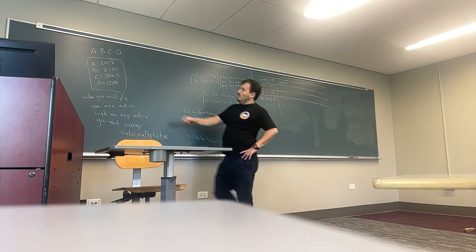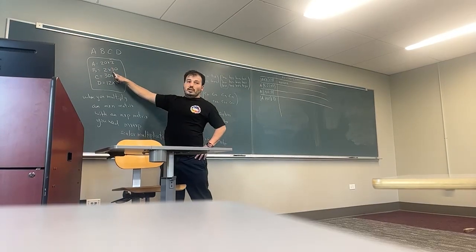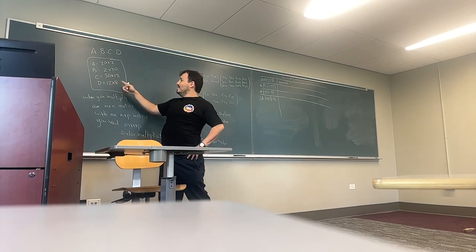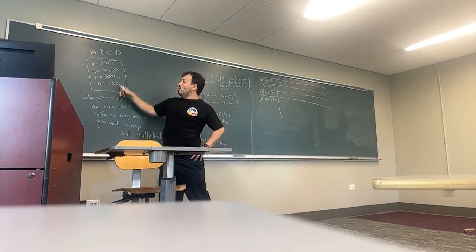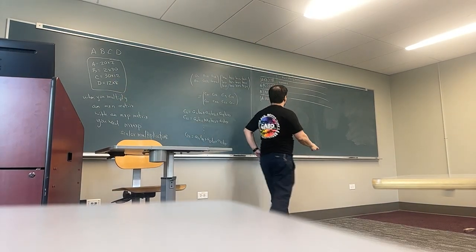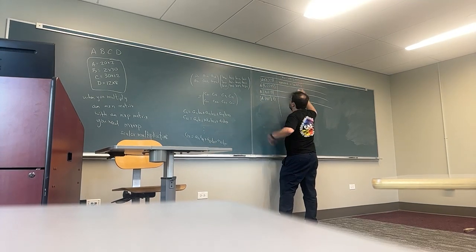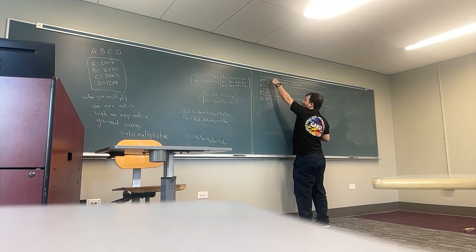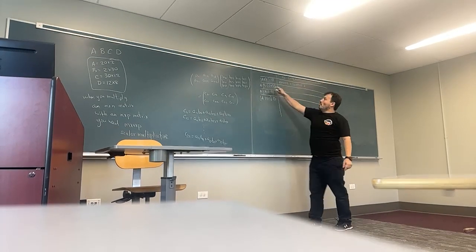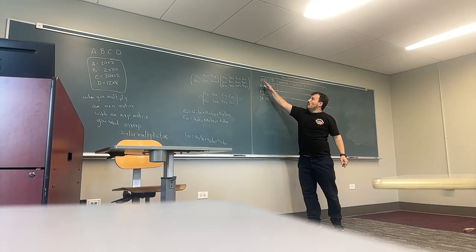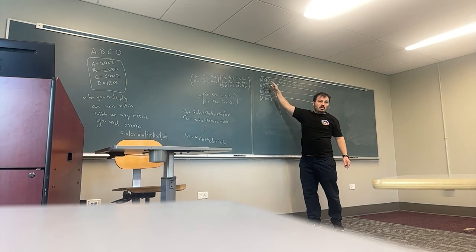So that's 20 times 2 times 30. The C times D is 30 times 12 times 8. So that's this multiplication, but we have one more to do, which is the output of this product times the output of that product.